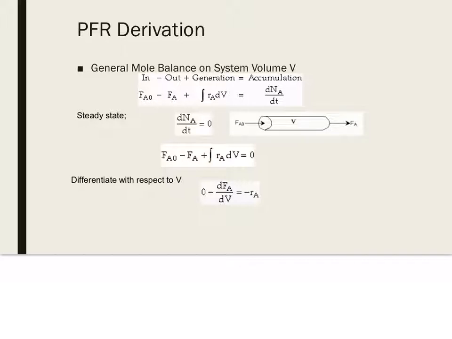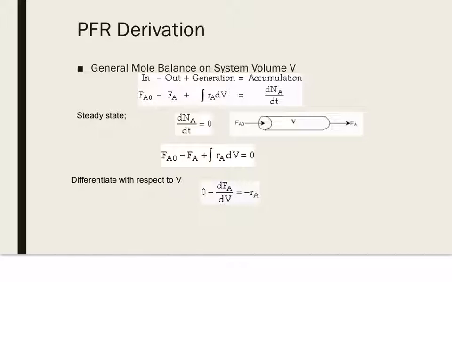From here, we differentiate the terms with respect to volume, so we have d of the whole term over dV. Since FA naught is a constant value, which means that we know the molar flow rate that goes into the system at the beginning of the reaction, FA naught will turn into 0.